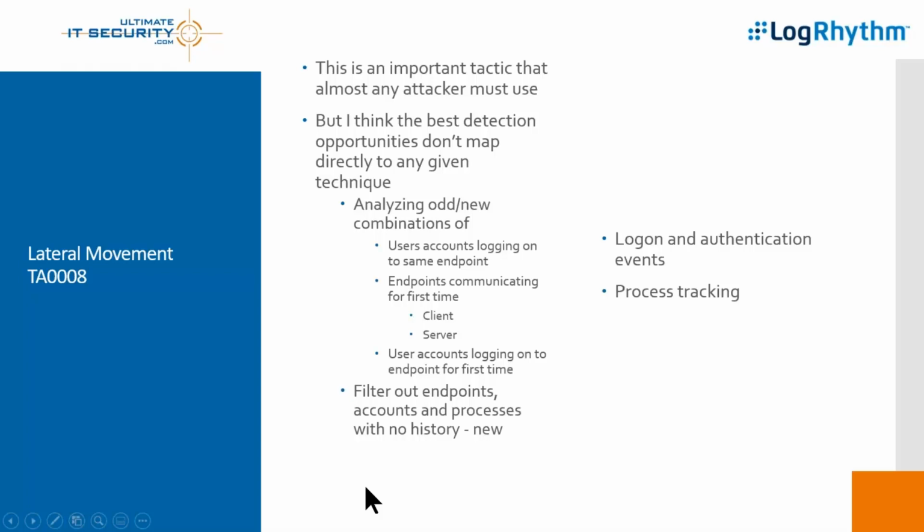Now, this is where we get to one of my favorites. I think that this tactic has maybe the best potential for us to detect ransomware attacks early in the game, or at least a good bit of time prior to impact. And that's, first of all, because almost any attack is going to require some lateral movement.